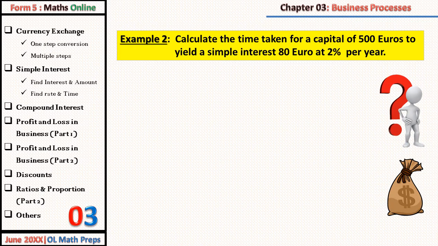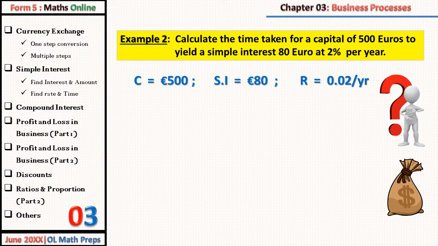Example 2, calculate the time taken for a capital of 500 euros to yield a simple interest of 80 euros at 2% per year. Here what has been given is the capital of 500 euros, the simple interest of 80 euros, and the rate of 2% per year. What we have to calculate is the time. So we can transpose the formula to get time.